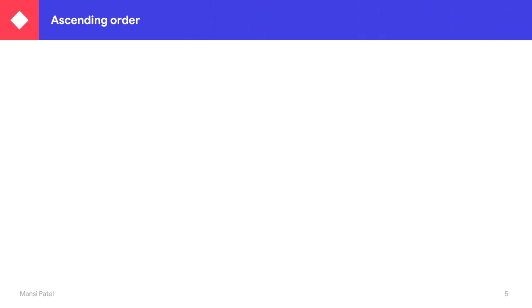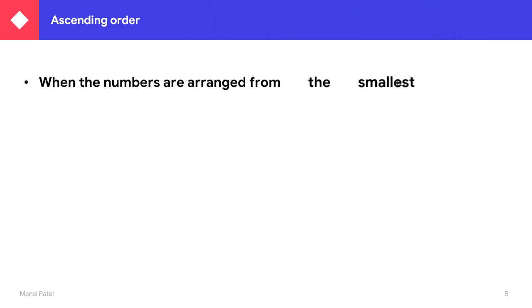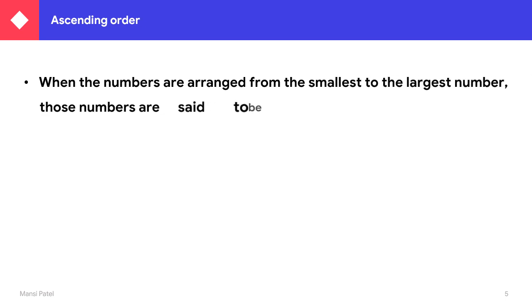Do you know what is ascending order? Let us see. Ascending order. When the numbers are arranged from the smallest to the largest number, those numbers are said to be in an ascending order. So in ascending order, we have to write down first smallest number and then larger and larger number.